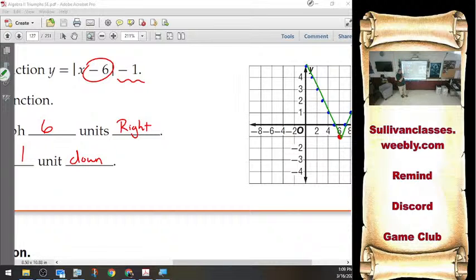Now, I remember in the past I had some kids who were mad that the V's weren't all symmetric like that on the graph that it shows. Like, because it looks like this, it just bothered them so much. Like, no, the entire V is there. It's just that's how much of the graph is showing.